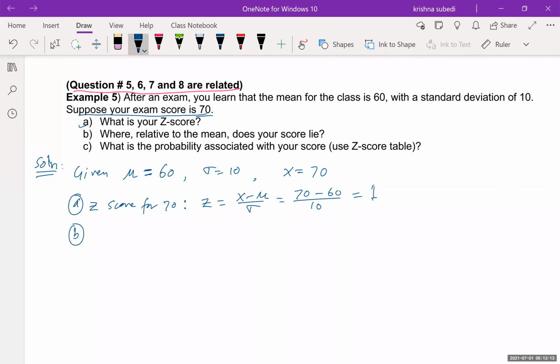That's what we are trying to find in part B. In other words, we want to find the probability of Z less than or equal to 1. That's all we need to find.